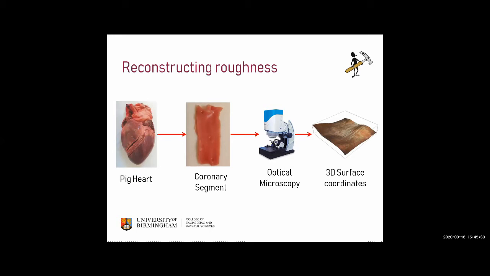This is an image which is made not only by taking a photo of the artery, but it gives you 3D coordinates of the surface. So it's millions and millions of tiny points on the surface used to create this image. This is not just a photo, this is 3D point data used to make the surface, but you can see the ridges forming on it quite nicely there.